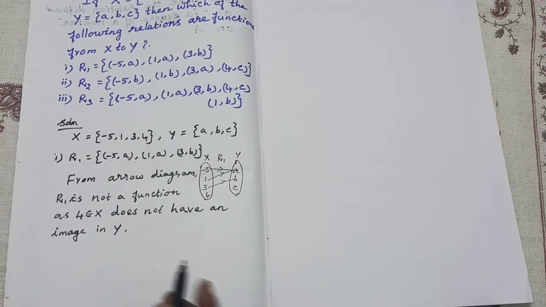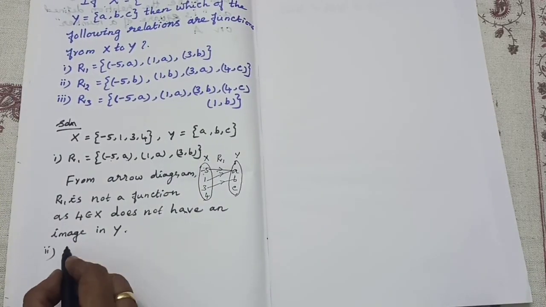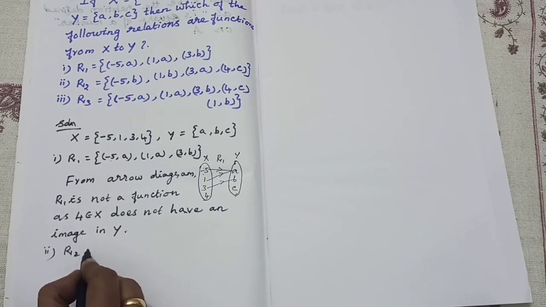Then R2, second sum. R2 equal to, what is given we have to write.